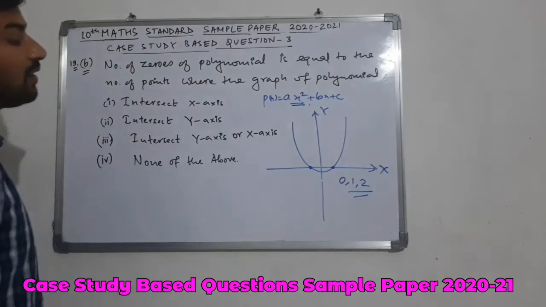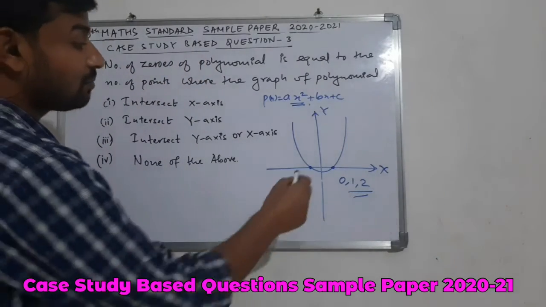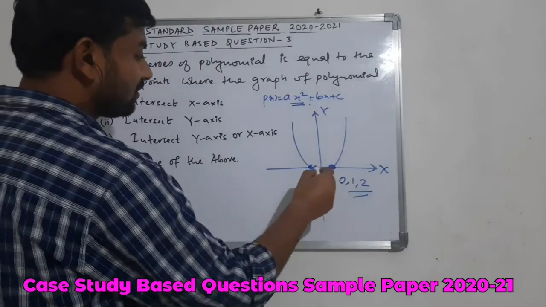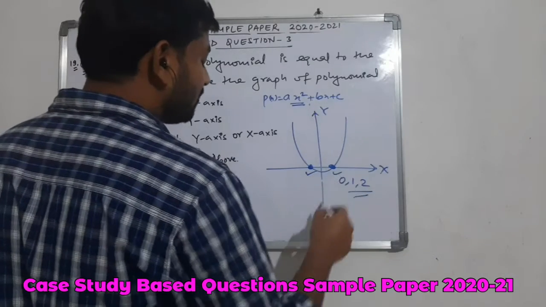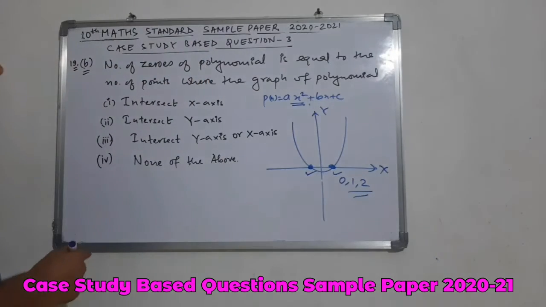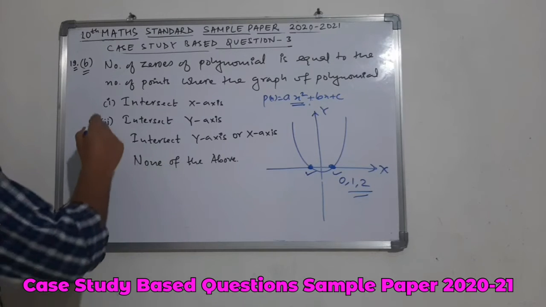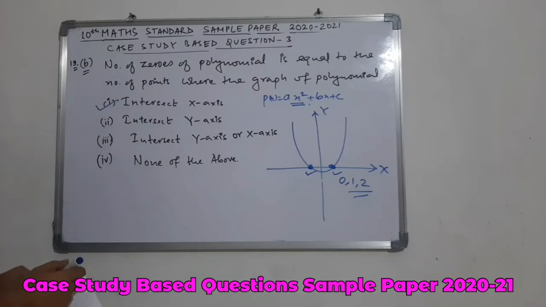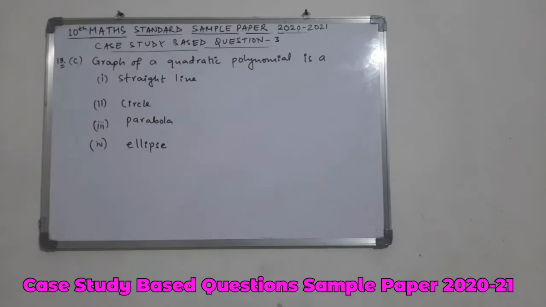We can find this out by just observing the number of times the graph is intersecting the x-axis. That will give us the number of zeros of the given polynomial. So the correct option here is the first, the intersection of the polynomial at x-axis will give the number of zeros.